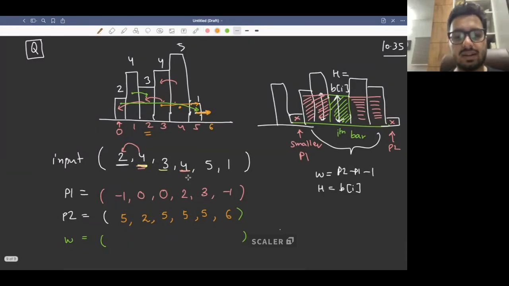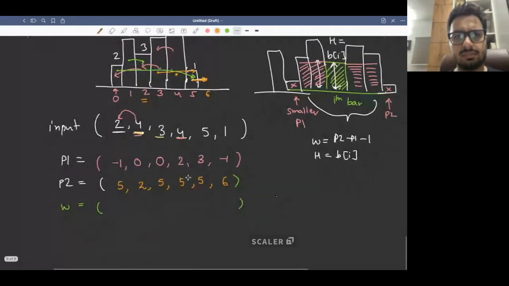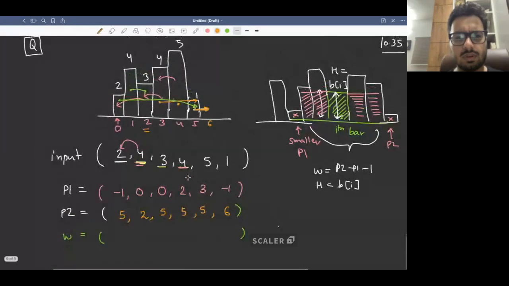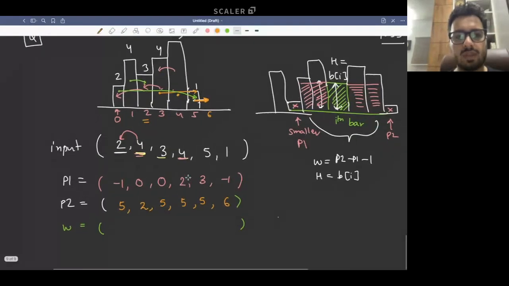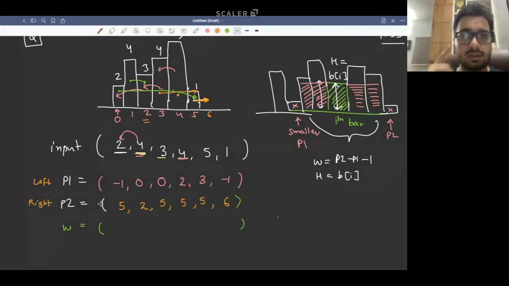That's correct. How much is the width? P1 is on the left and P2 is on the right. So how much is the width?